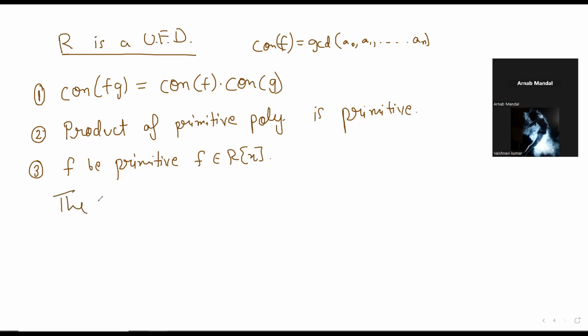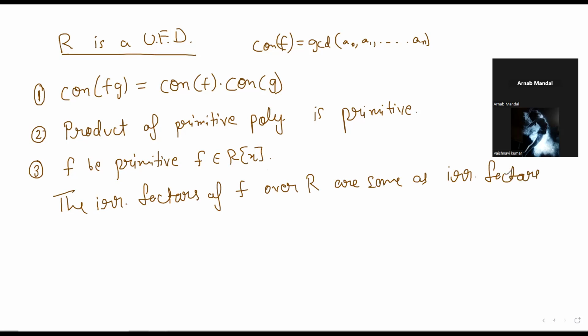The irreducible factors of F over R are the same as irreducible factors of F over FR. By FR, I mean the fraction field of R. Is this correct? Is this statement correct?